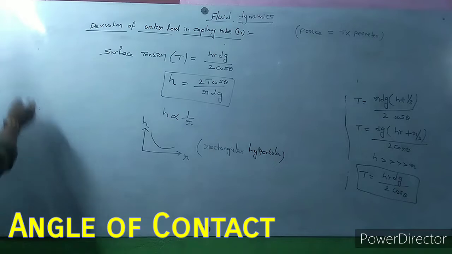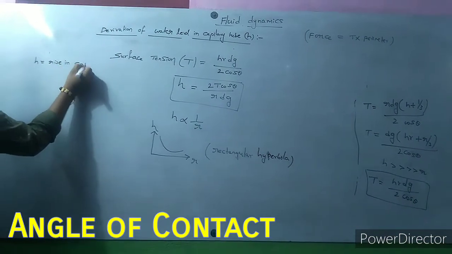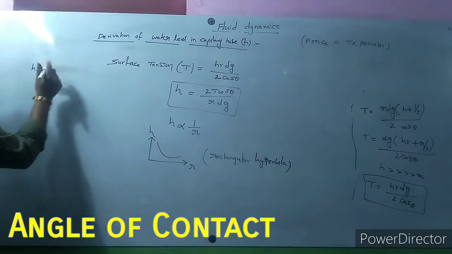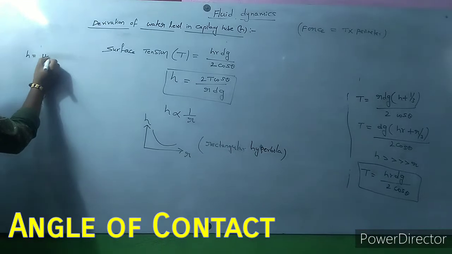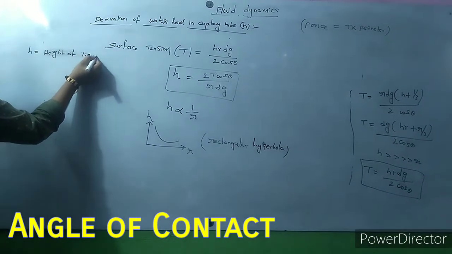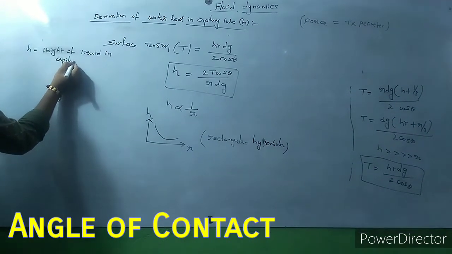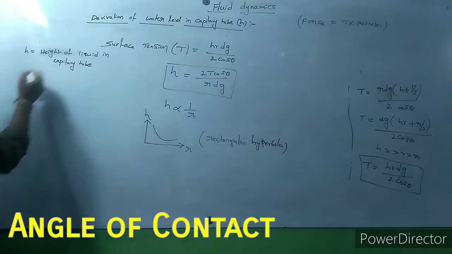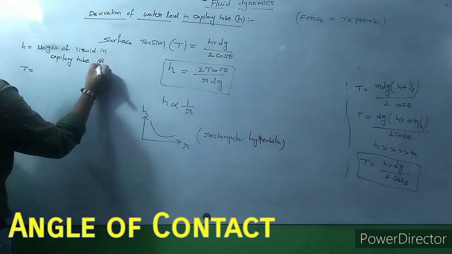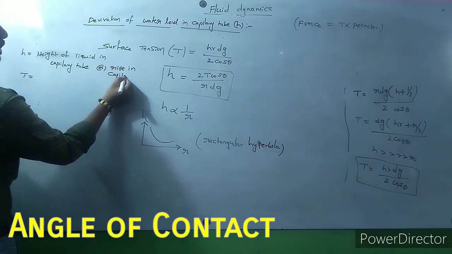So here h is equal to the rise in the capillary tube, otherwise the height of liquid in the capillary tube.